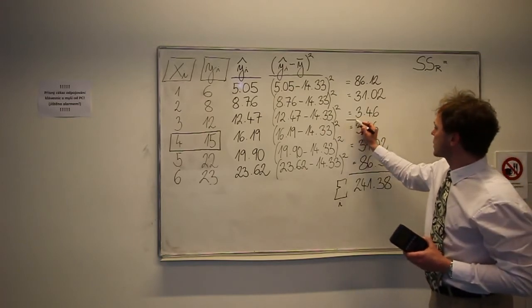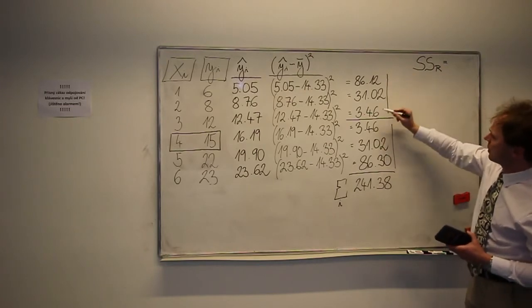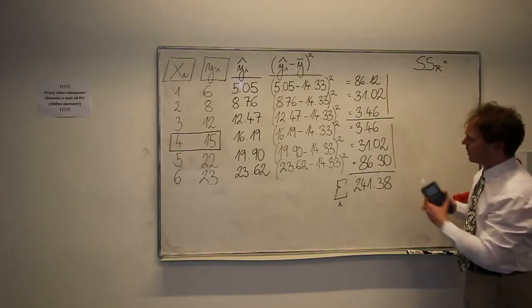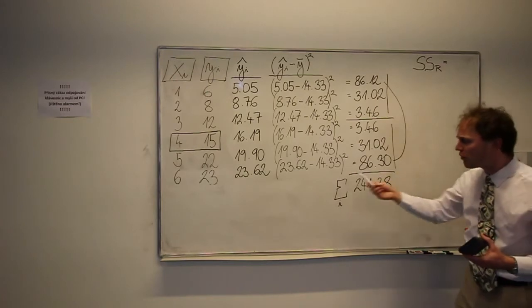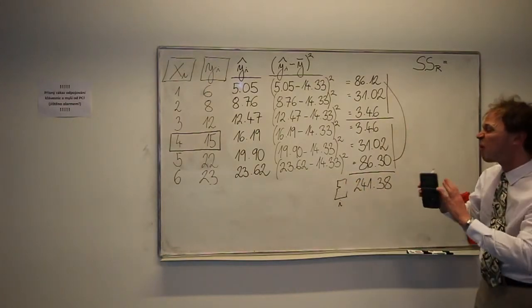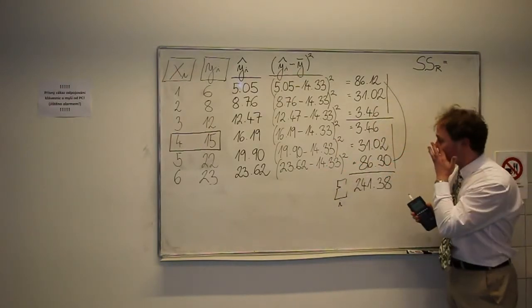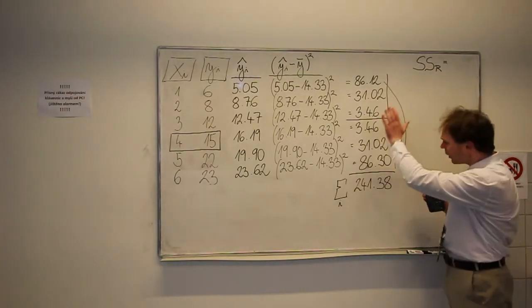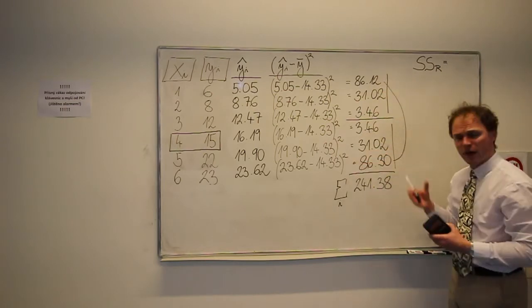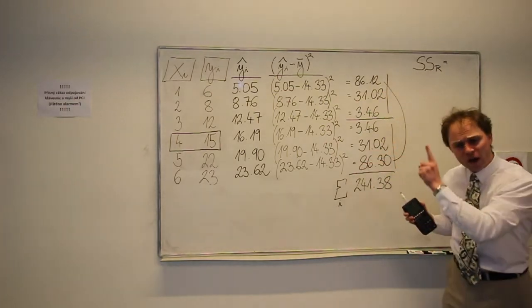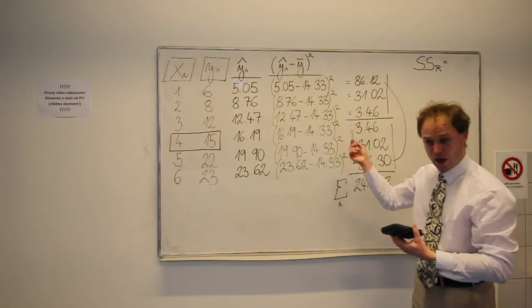Who is using Excel can see that these values are mirroring here, yes. This is different from this because of my decimals. I used a small number of decimal positions, so I have a difference here, but if you use Excel you have the correct values, and these values are mirroring on this side because they are centralized around the mean.